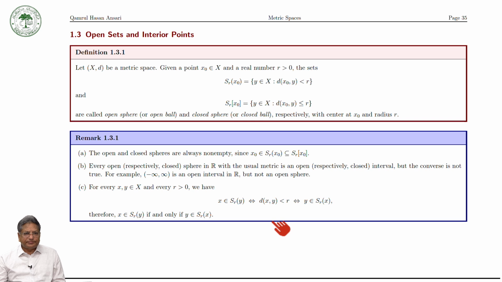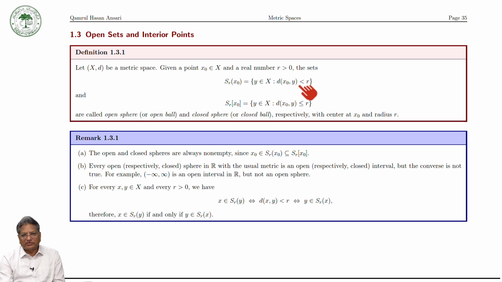Suppose (X, d) is a metric space, x naught is any point in X and r is any real number. Then the set consisting of the points y in X such that the distance between the given point x naught and y is strictly less than r.